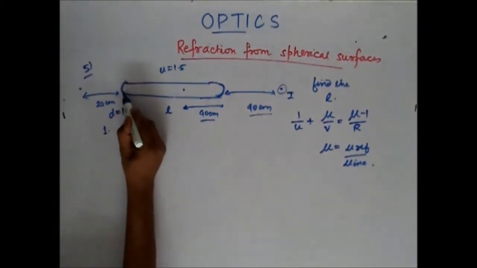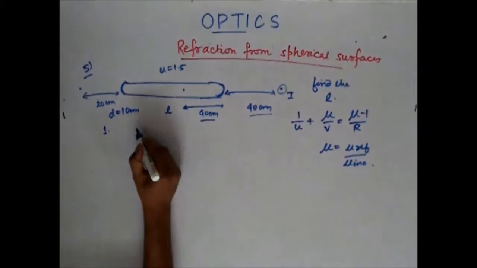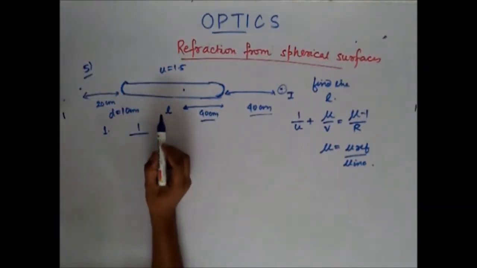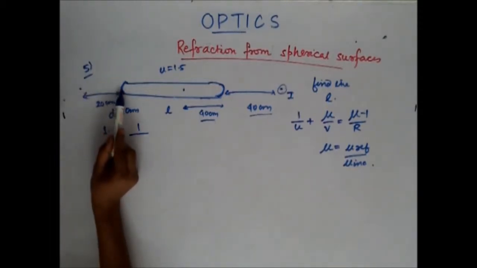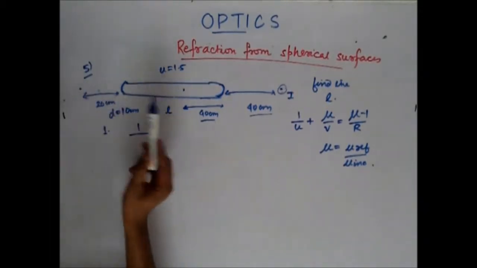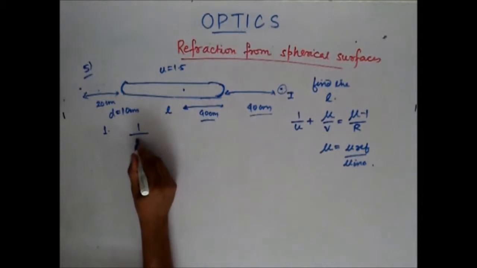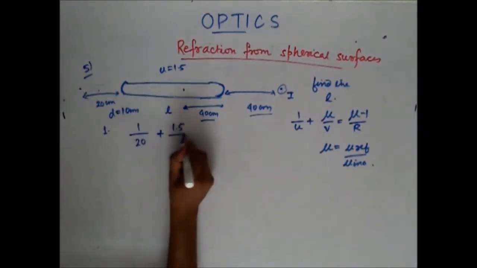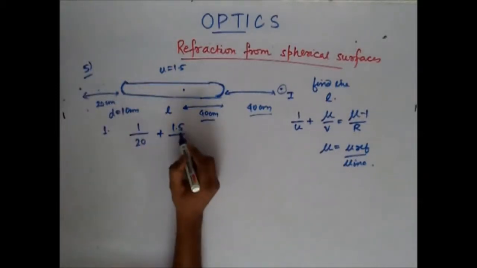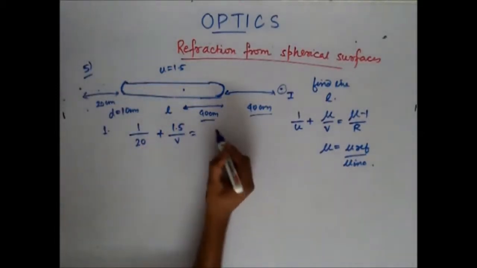Okay, so the first refraction occurs here. So what is u? U is positive or negative? It's positive because I move from the object to the surface in this direction. The rays of light also move in this direction, so it is plus 20, plus mu is 1.5 because this has a mu of 1. V is equal to mu minus 1, that is 0.5.